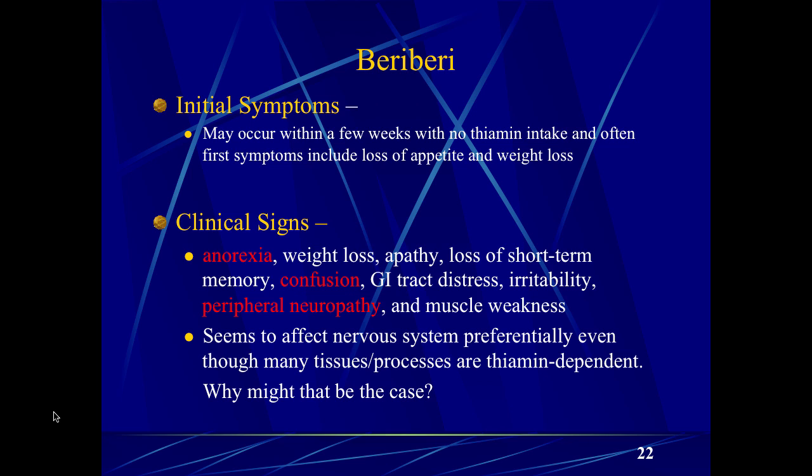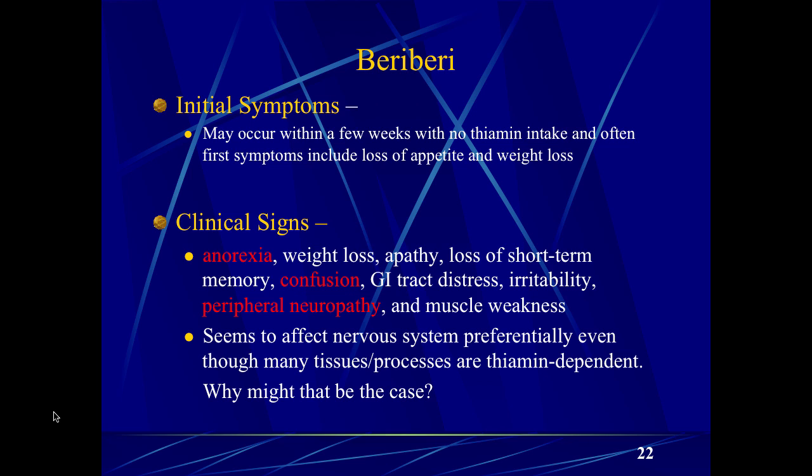Okay, once they figured that out, now you can basically try to implement programs that protect against that. You know, we're going to talk about, however, some individuals consume alcohol, and that can complicate thiamine metabolism. Okay, so this is classic thiamine deficiency.